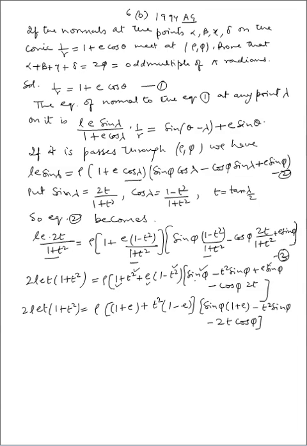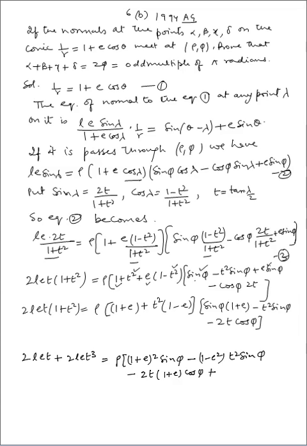Now we open it. 2 l e t plus 2 l e t cube is equal to rho times bracket 1 plus e whole square sin phi minus 1 minus e square t square sin phi minus 2t times 1 plus e cos phi plus t square 1 minus e square sin phi minus t to the power 4 sin phi 1 minus e whole square minus 2t cube cos phi.